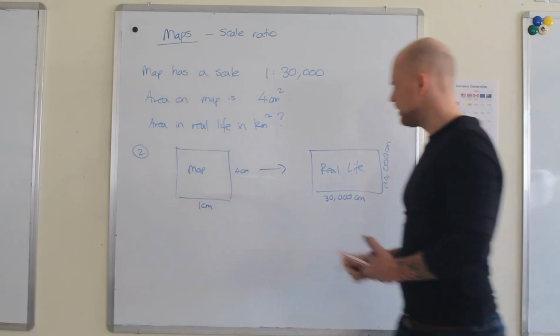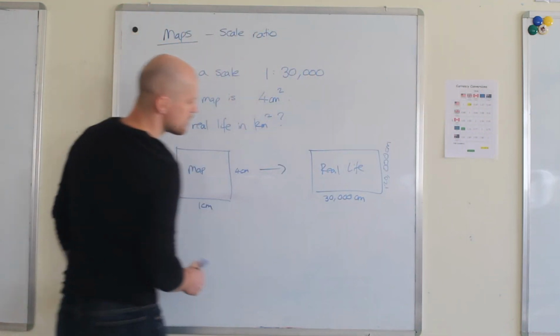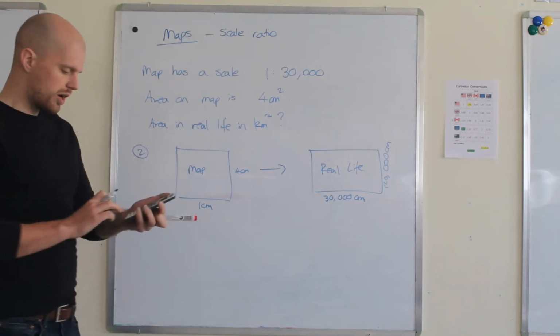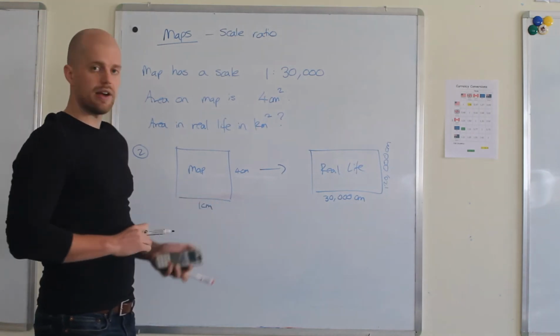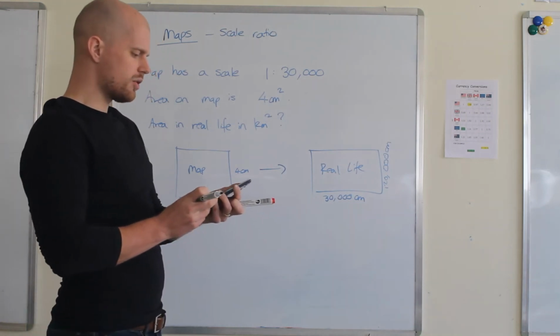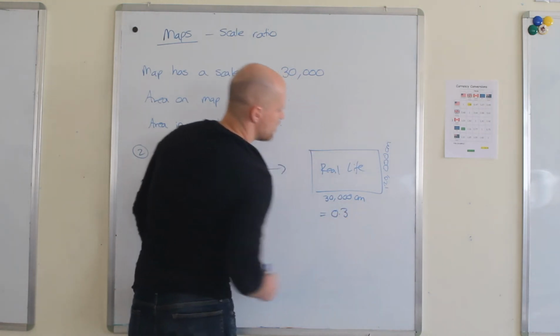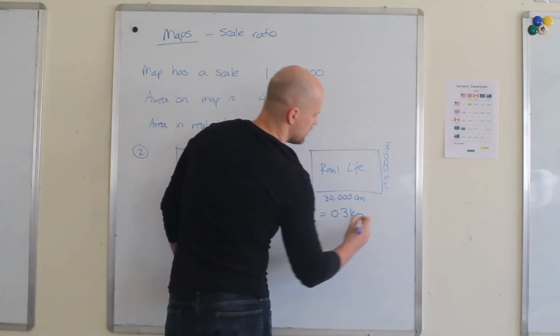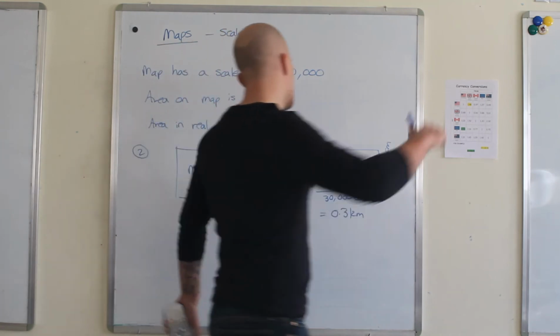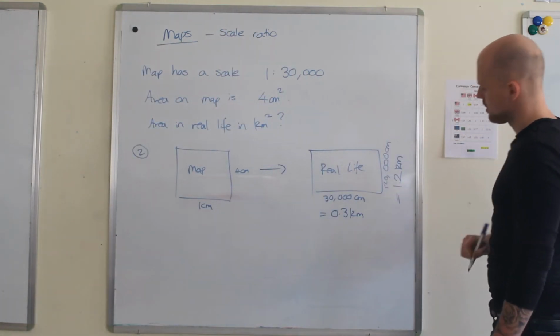Now all I need to do is take that and divide it by the conversion. So I need to get 30,000 centimetres into kilometres. I would do 30,000 on my calculator, and divide by the same scale, which was 100,000, to get 0.3. That would be 0.3 kilometres. And exactly the same here, 120,000 centimetres would give me 1.2 kilometres.